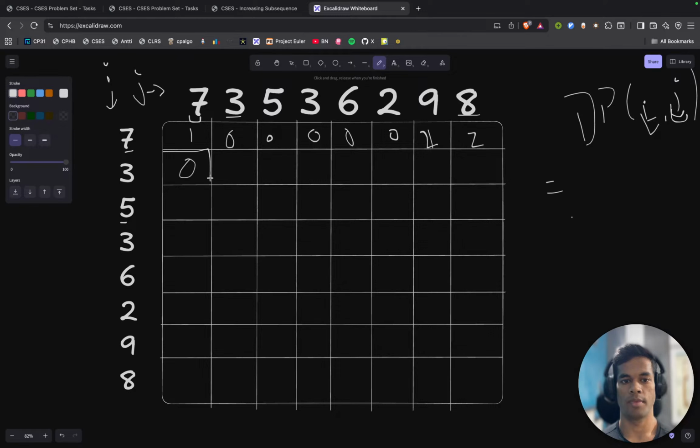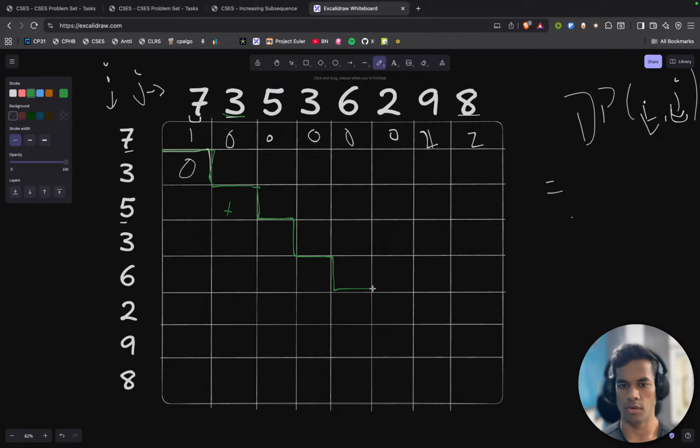So this box can be filled, but this one, where we are trying to say that 3 is the last number, it is not possible to fill.